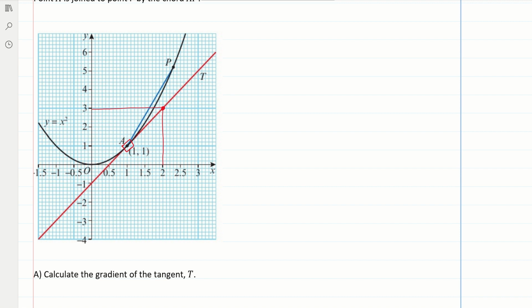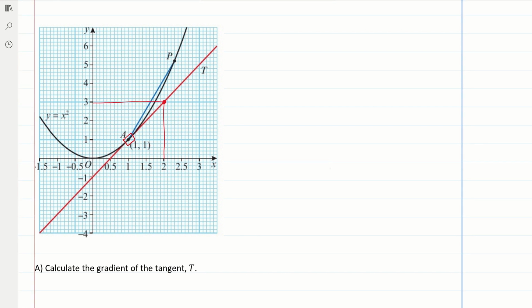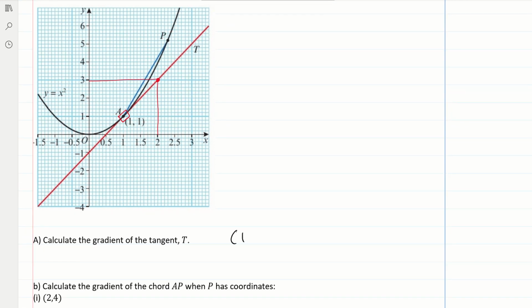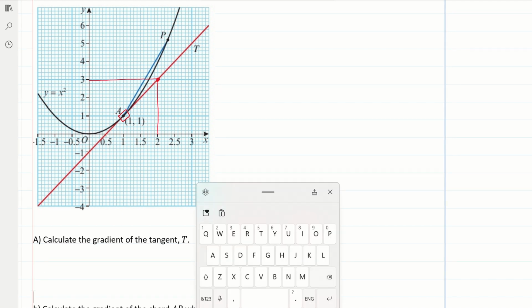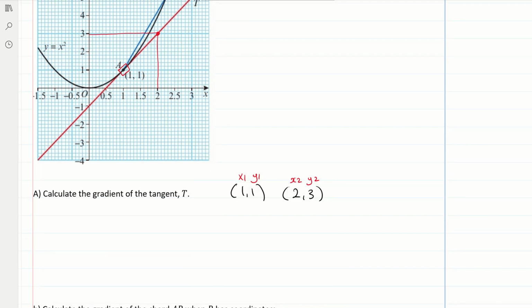So I'm going to go from 1, 1 to 2, 3, and I can use algebra. So 1, 1, 2, 3, and I'm using the formula for the gradient. And that formula is y2 minus y1. So the gradient is y2 minus y1 divided by x2 minus x1. It's the distance in y, the vertical distance.